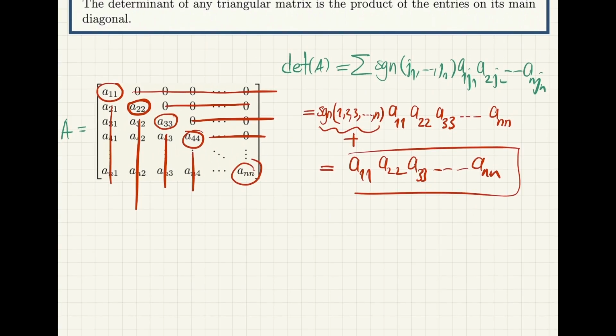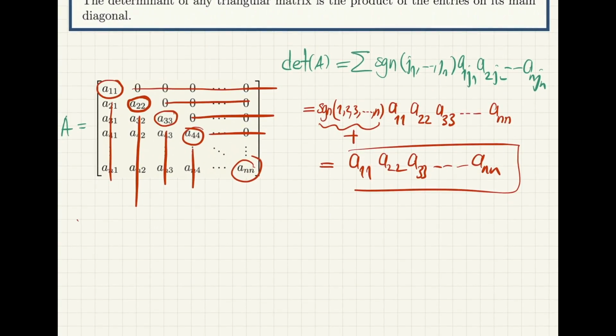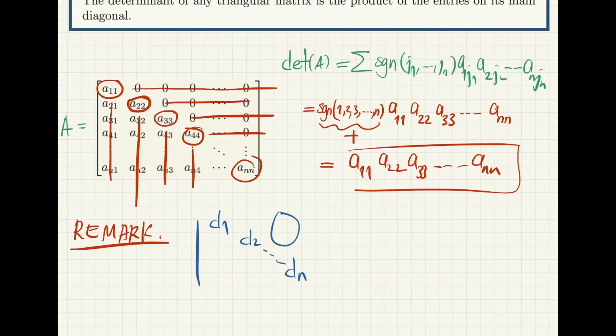So we can write this as a remark. If I have this determinant d1, d2, up to dn, and everywhere else is 0, this is a diagonal matrix, but this determinant is also equal to d1, d2 up to dn. You multiply all these entries.